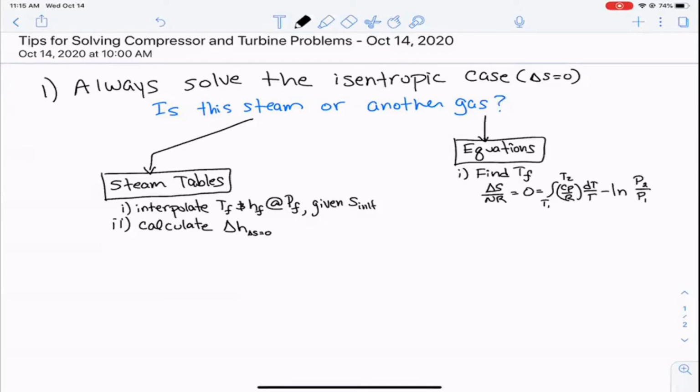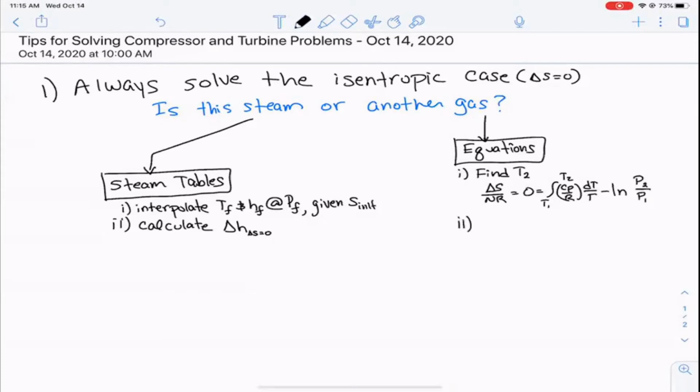And often we design turbines and compressors based on pressure, and we know the initial temperature. So T2, maybe that's a better thing to do. I didn't use TF in that equation, but finding T2 using that equation is usually the first step in solving for the isentropic case.